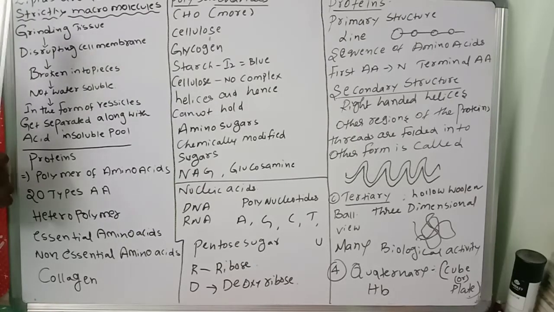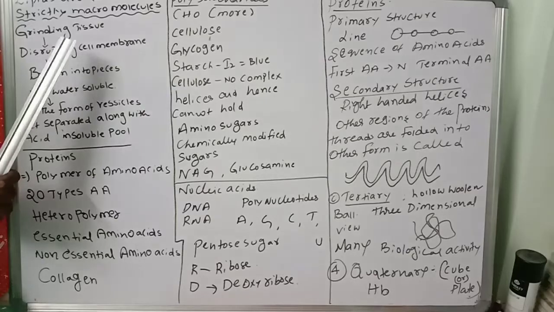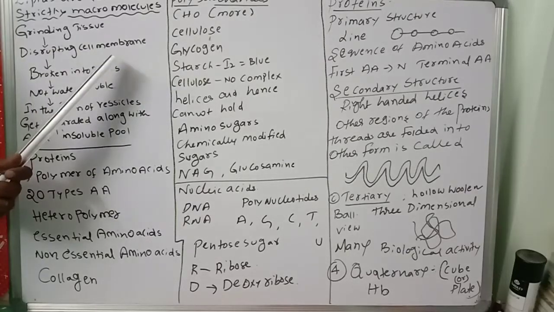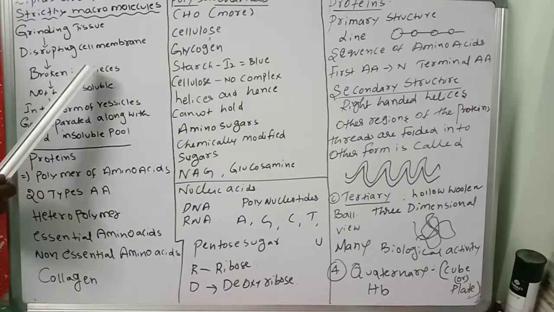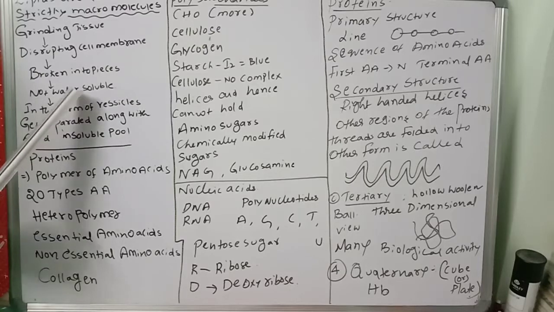At the time of grinding the tissue in acidic trichloroacetic acid, the cell membrane is disturbed. The cell membrane contains lipid, and it breaks into pieces that are not water soluble. Those pieces in the form of vesicles get separated along with the acid insoluble fraction, attached to the other macromolecules and insoluble.